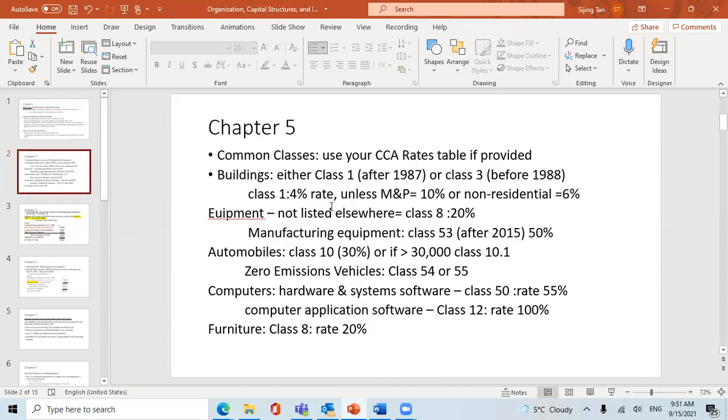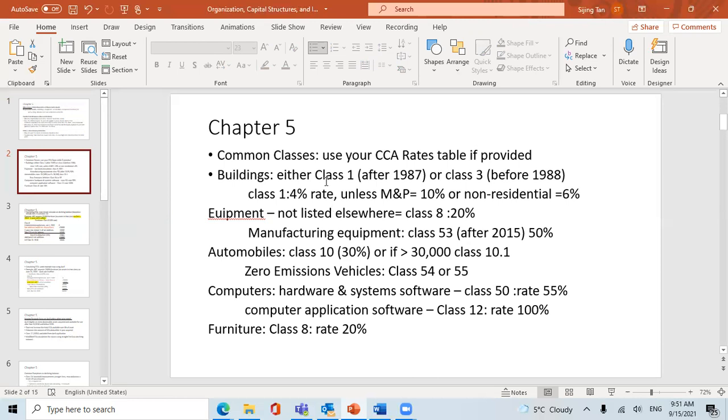Okay, so next we talk about common classes. For the common classes you use your CCA rates table if it's provided. Basically, for the question, they will show you the rate for each class. But if you ever wonder which product goes to which class, you could refer to our textbook.